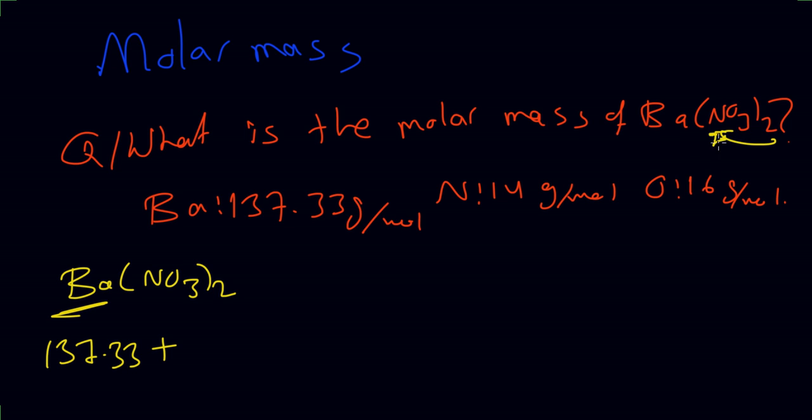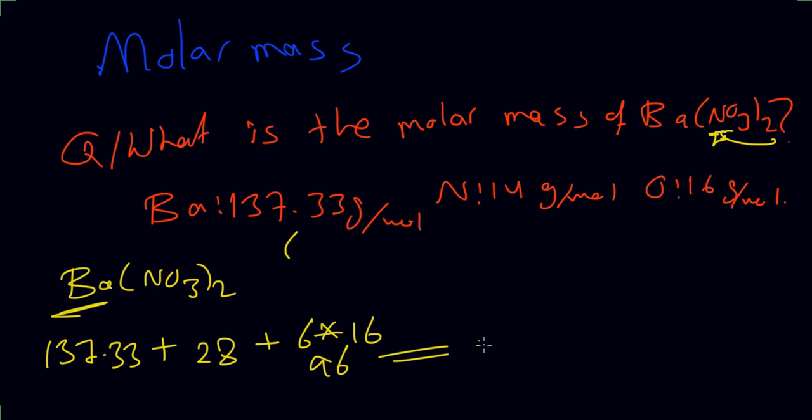No, you have 2 nitrogen, so you have 28, plus you have 3 oxygen, no, 6 oxygen, so 6 multiplied by what? 6 multiplied by 16 is equal to 96.